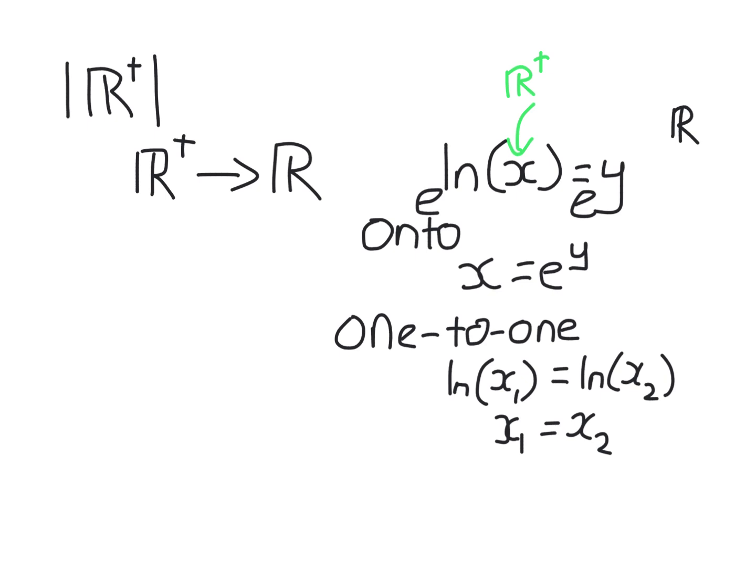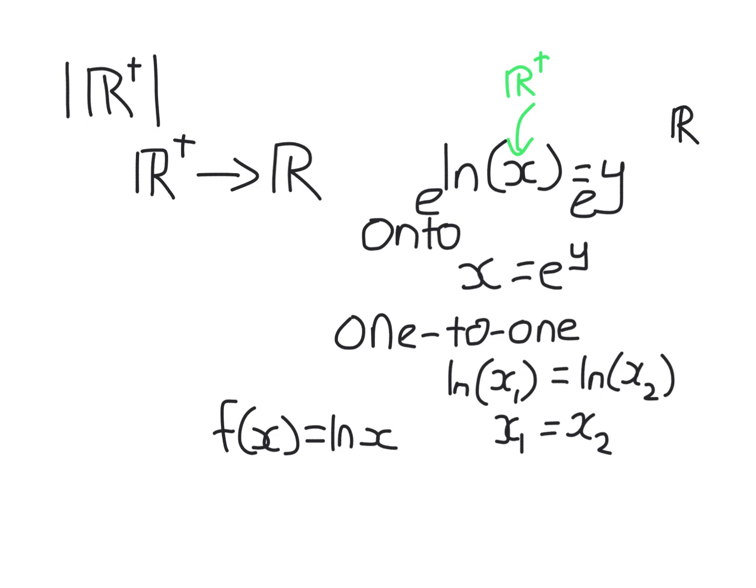In other words, if two inputs map to the same output, those two inputs must be the same. In this function here, different inputs always yield different outputs. This function, f(x) equals ln x, is both 1-to-1 and onto. It is a bijective function. It has a clear inverse, f(x) equals e to the x.